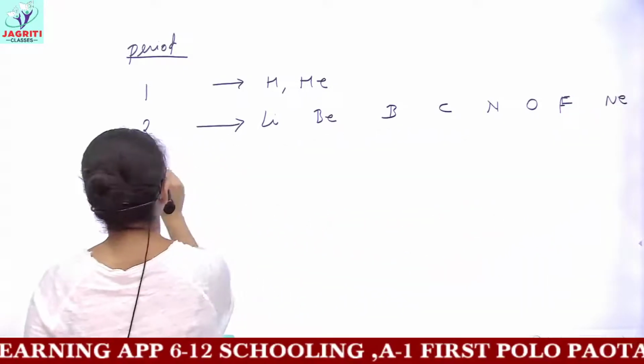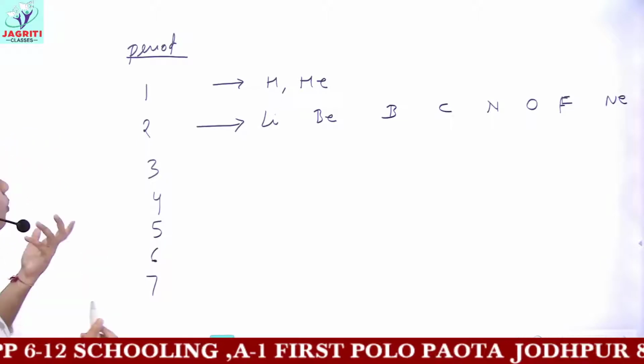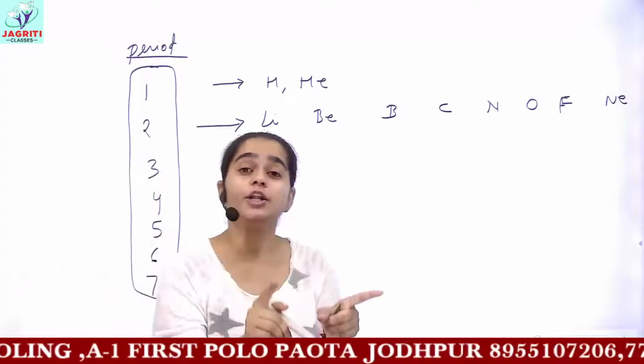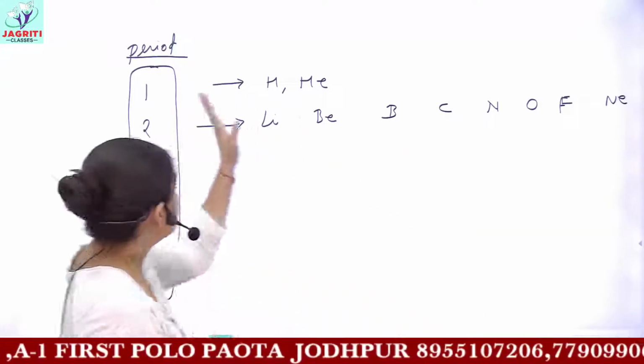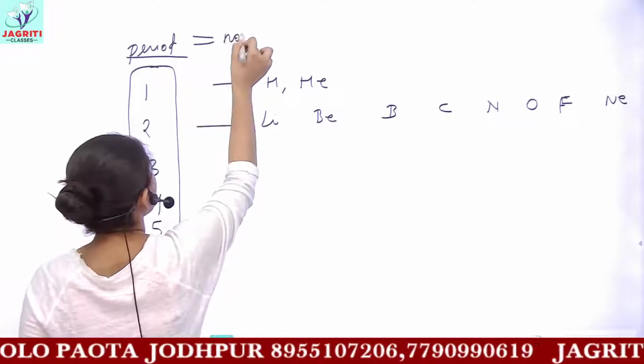Likewise, you have other elements coming in your third, fourth, fifth, sixth and seventh period. So what is the use of this period number? Like the group number told you about valency, the use of the period number is to find the number of shells.